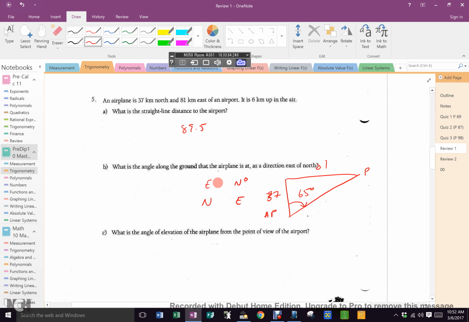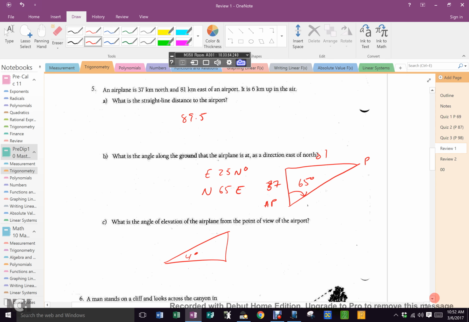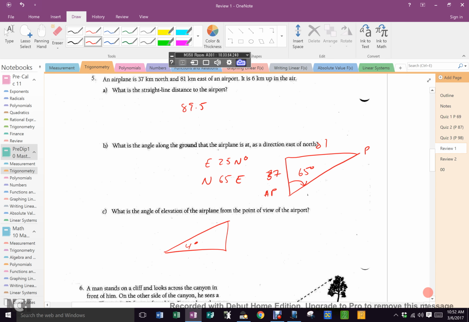It was east adjusting to 25 north, or north adjusting to 65 east. And the angle of elevation is 4 degrees. It's like 3.92 or something. 3.85, yeah, you round angles to the nearest angle. Everybody good? Everyone's good? Okay.